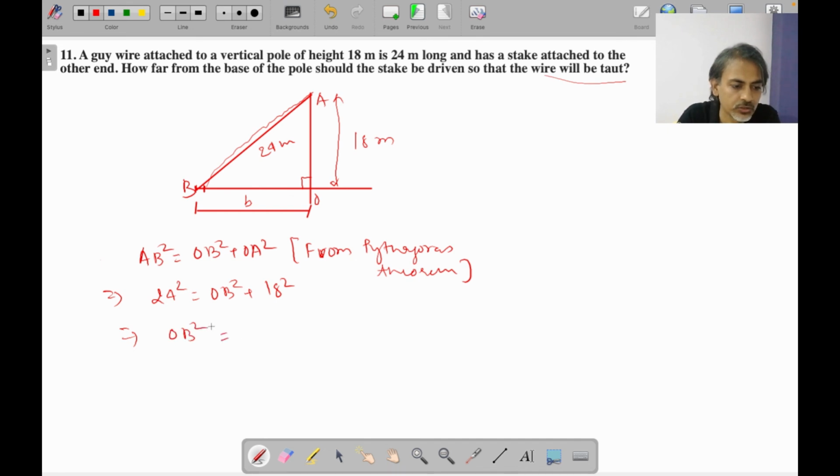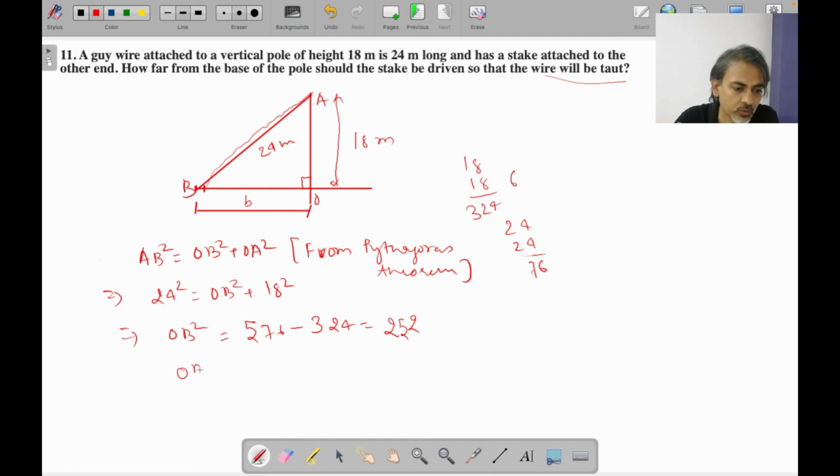So OB square is 24 square, which is 576, minus 18 square, which will be how much? 324, I guess. Let's calculate. I don't want to make a mistake. So now we have got this: 576 minus 324 is 252.